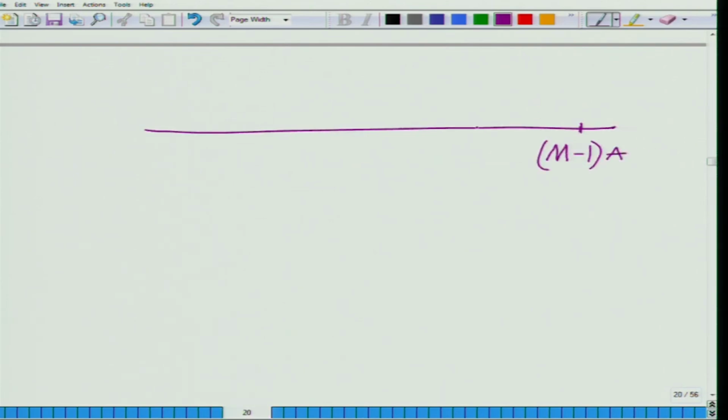m minus 1 a, m minus 3 a, the threshold is m minus 2 a. So, this is one of the end points.